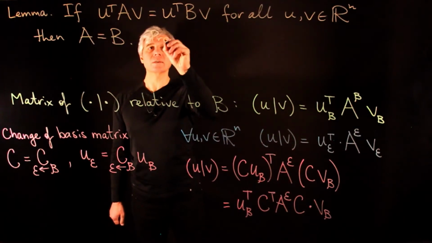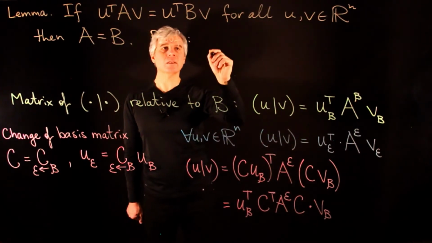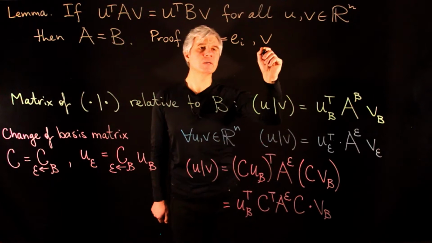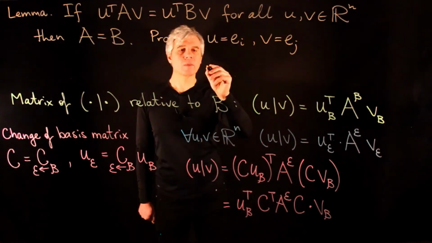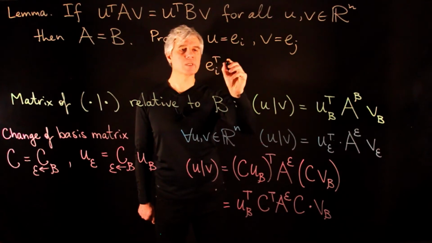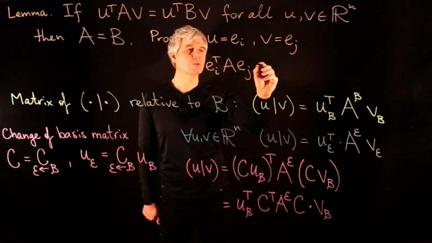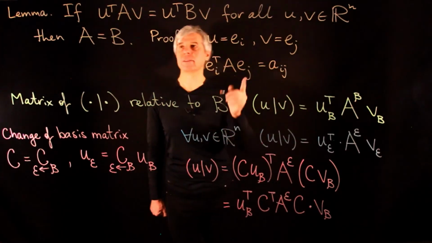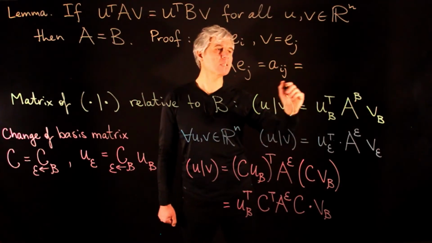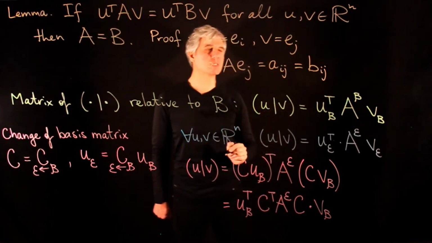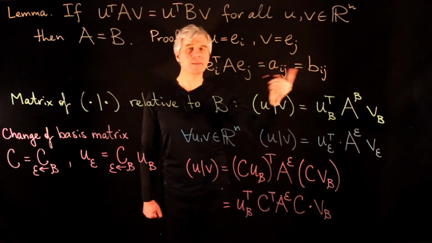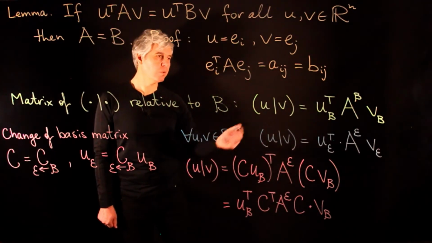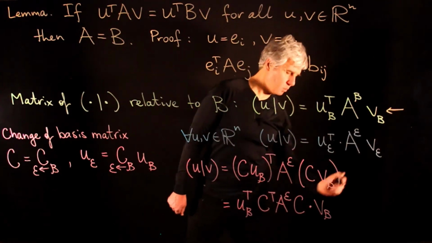And the proof of this is quite easy: if we set u to be the standard basis vector ei and v be the standard basis vector ej, then ei transpose times A times ej will be equal to the entry of the matrix A, aij. And if we do the same thing for the right-hand side, then we get the entry of the matrix, bij. And then we obtain that all entries of matrices A and B are the same, so these two matrices are equal.